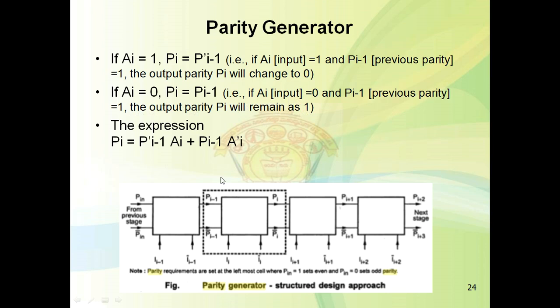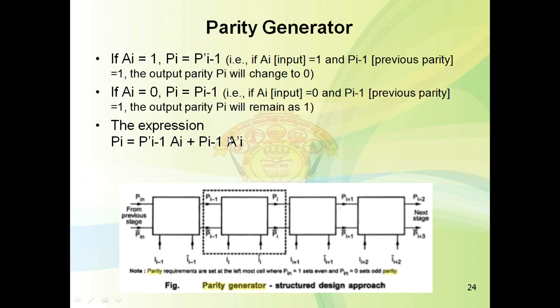Okay, so in general the expression for the parity generator is Pi equal to P(i-1) dash into Ai plus P(i-1) into Ai dash. This is the general equation for the parity generator: Pi is equal to the complement of previous parity into Ai plus previous parity into the complement of input.